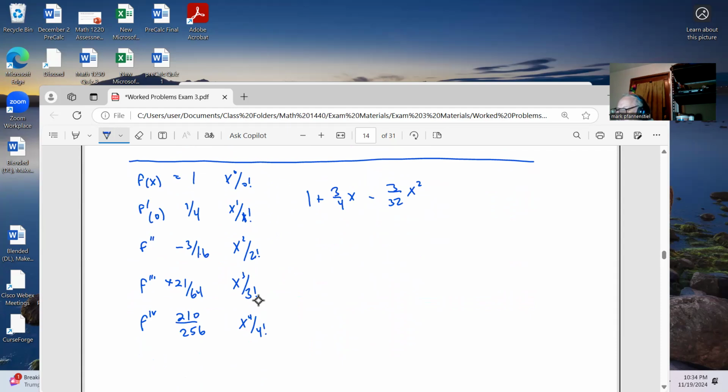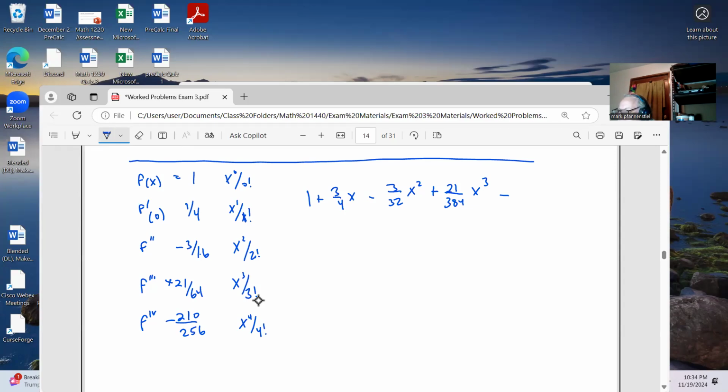It's just 21. Sorry, 21. So we're going to say plus 21 over, and 64 times that 6 there is going to be 384 x to the 3rd power. Okay. And then minus, okay, because this was a negative here.